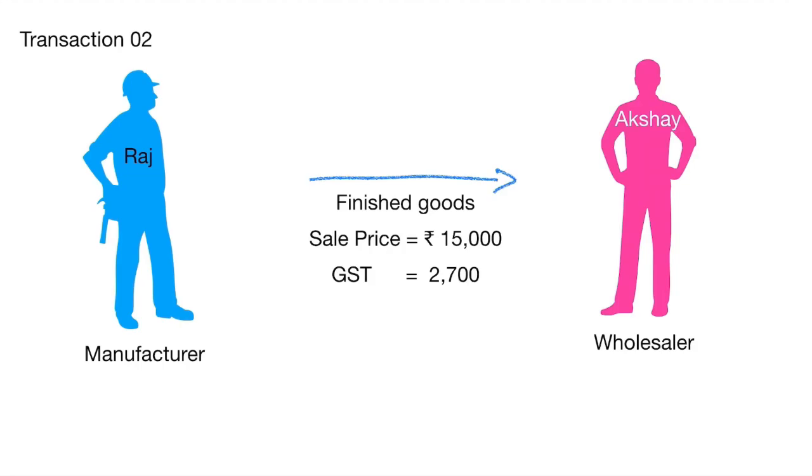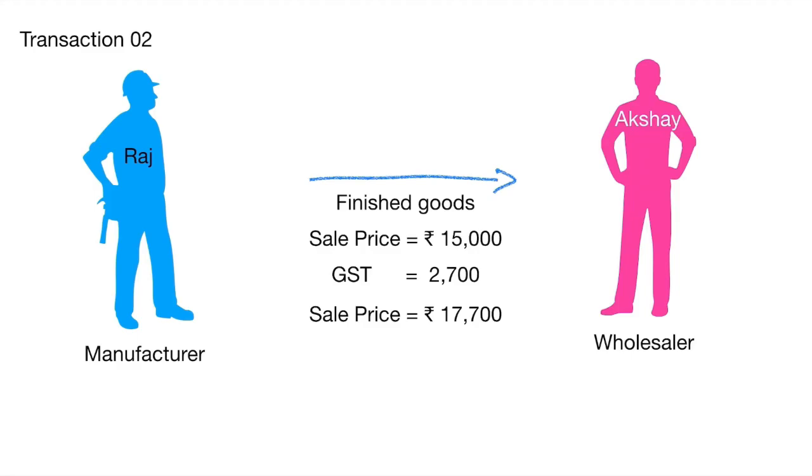Here Raj is a manufacturer. He purchased raw materials and added value to them by doing some process on it and created a finished product. Then he sells it at the price of 15,000. The GST on this comes to 2,700. Raj receives this sale price with GST amount. Now Raj has to pay the GST received by him to the government.